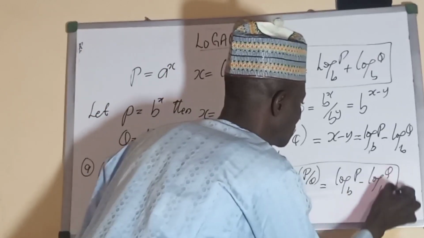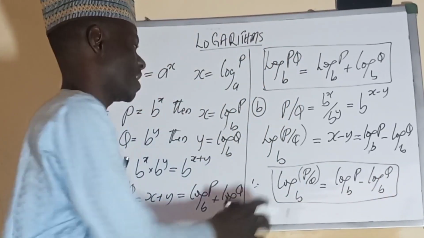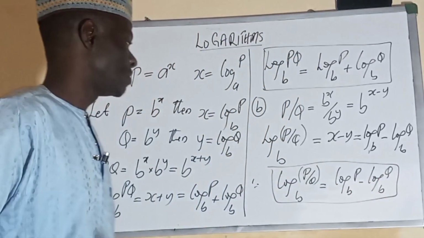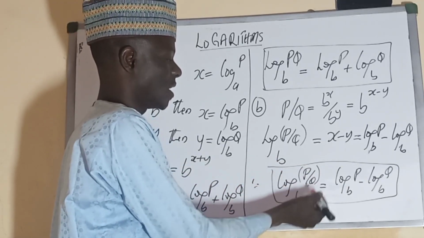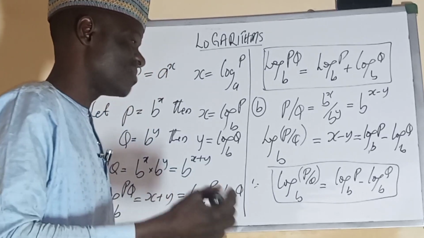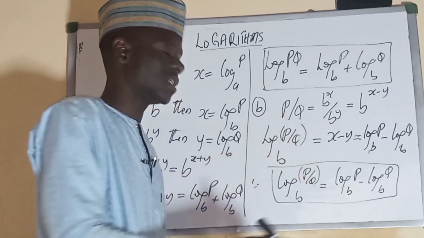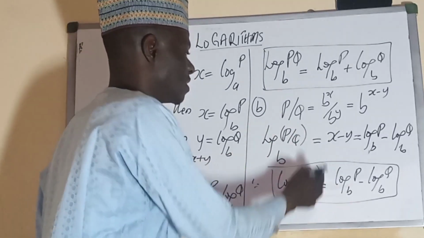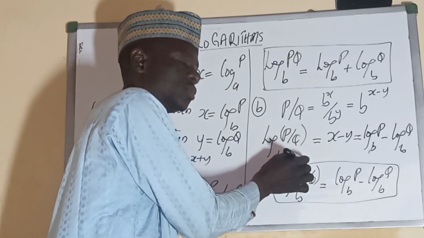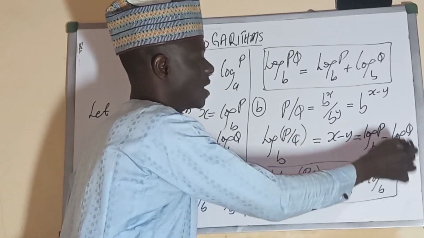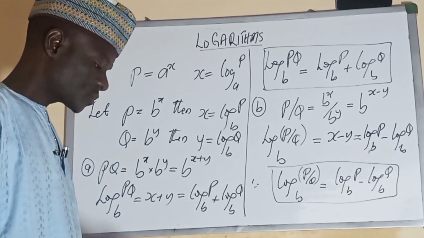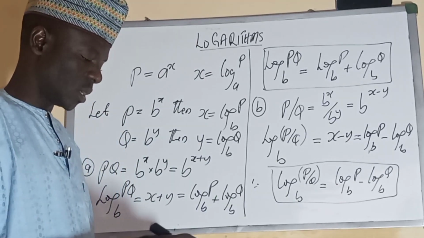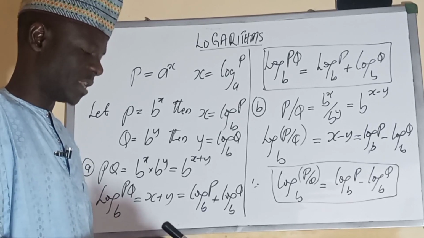This is the second law that we have to apply when dealing with logarithms. Whenever you have a division between numbers with the same base and you are to find the logarithm of it, you find the logarithm of the numerator, then subtract the logarithm of the denominator from it. I hope we are following. So these are the two laws that we can be applying.